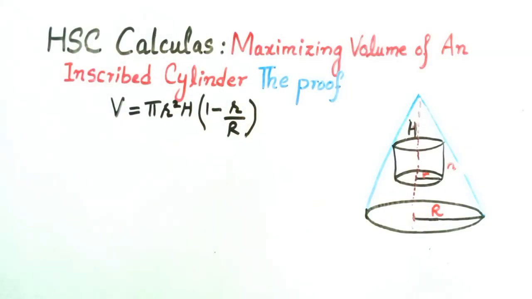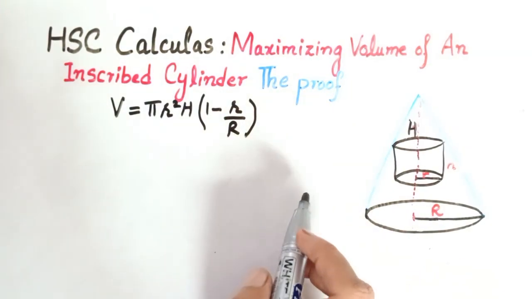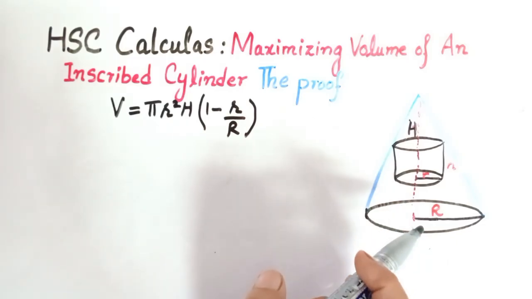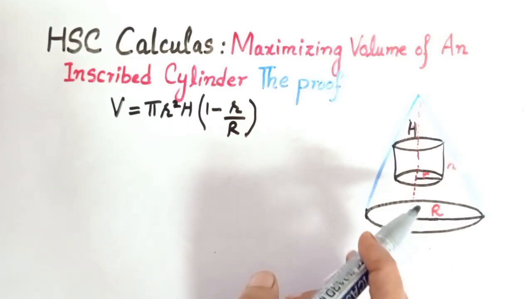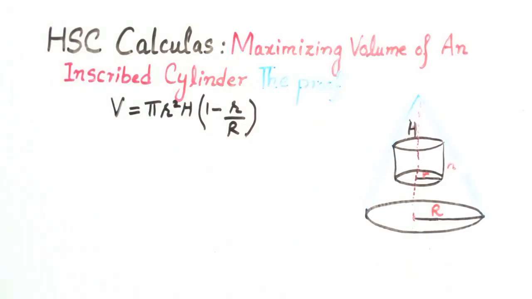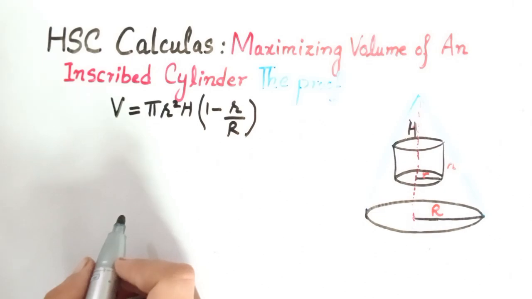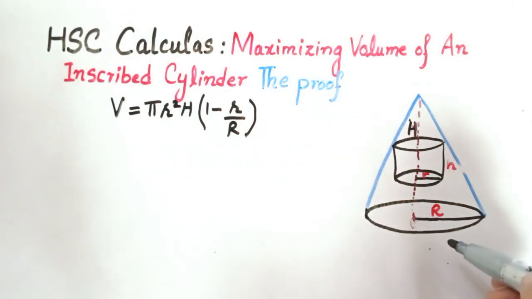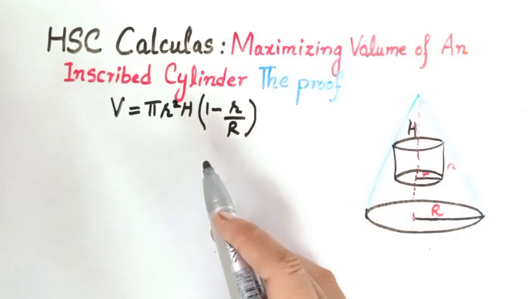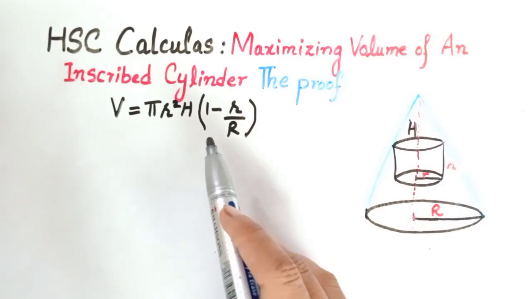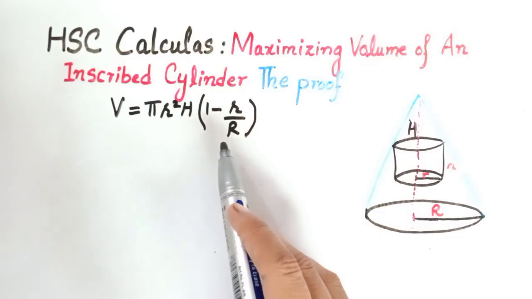Let's start with what you know. You know the volume of any standard cylinder on your NESA reference sheet is given by V equals pi r squared h. Notice the formula you have to prove has small r, capital H and capital R, but it has absolutely no small h.